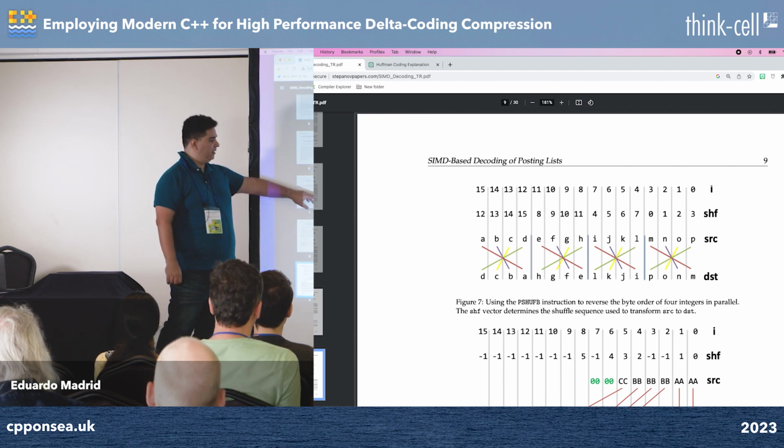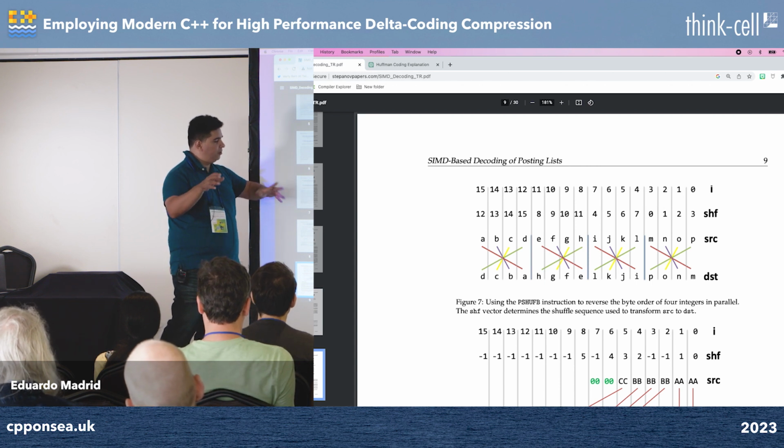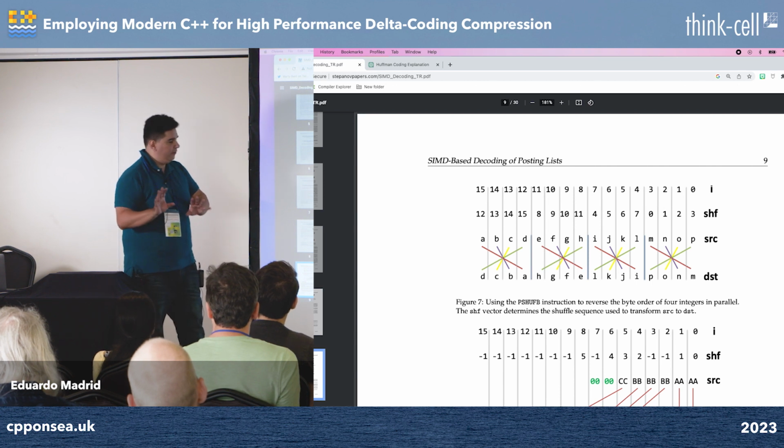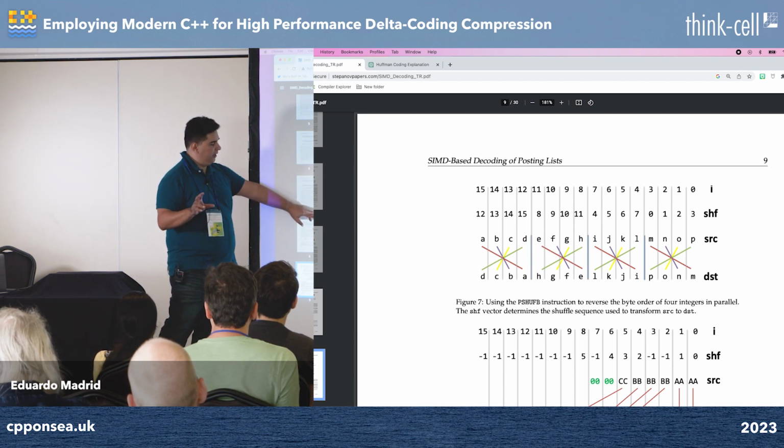And yeah, Intel has sort of generalized shuffle bytes, but not quite, which sort of proves the point that I was making.